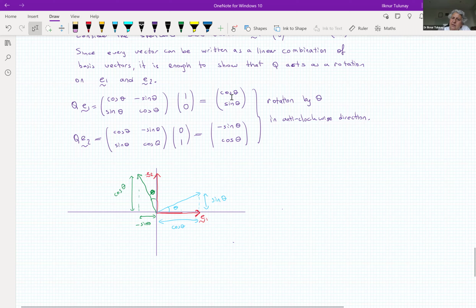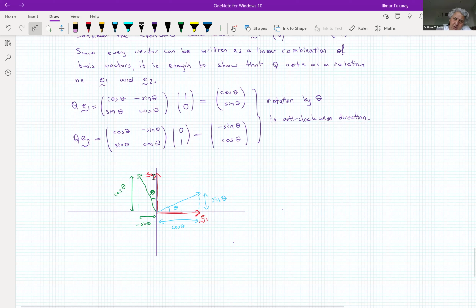This is exactly what it is. So E1 becomes this vector; it is rotated by the action of Q. And if a similar thing happens to E2, then we can say that Q acts as a rotation.